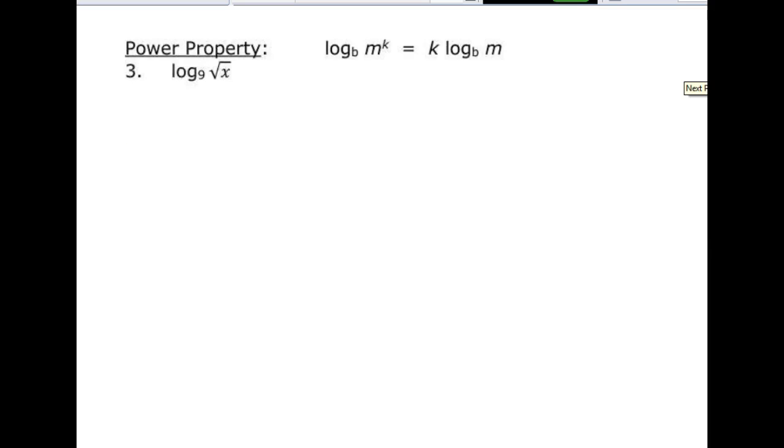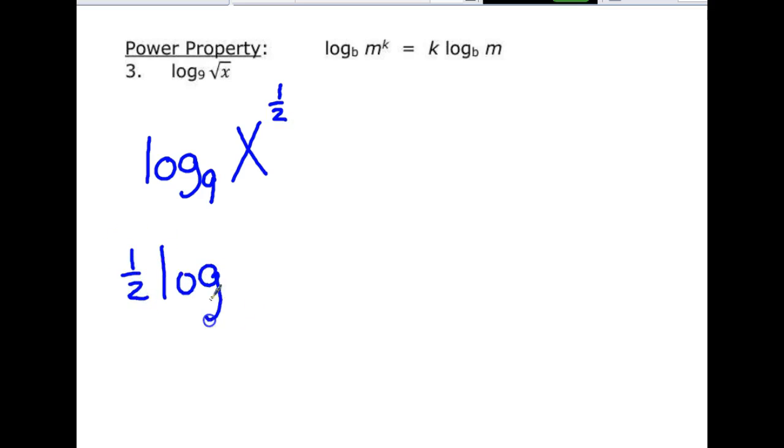But as we just wrote on our previous paper, a square root is the same as a 1/2 power. A square root is the same thing as a 1/2 power, and now the 1/2 power can come out in front. And this is going to help me solve log equations.